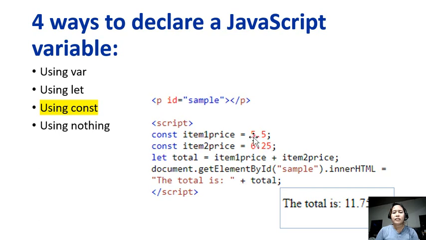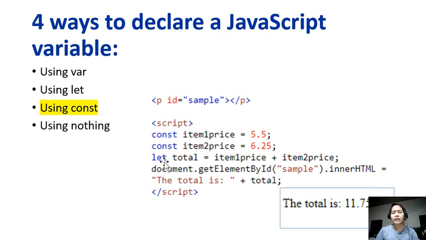This means that you don't have any plans of changing the value of item1Price and item2Price because these are constant variables. That means all throughout your page, or all throughout your HTML file, it will always be 5.5 and 6.25 respectively for item1Price and item2Price.